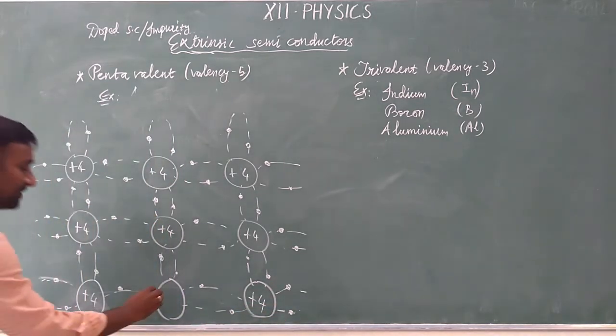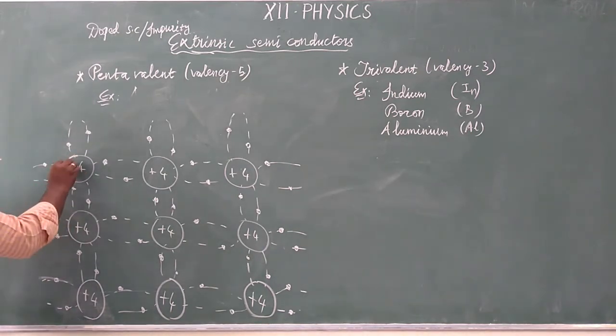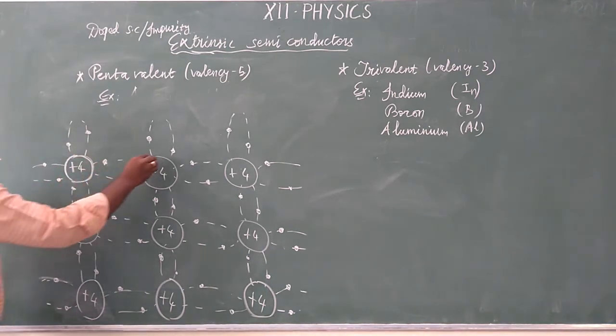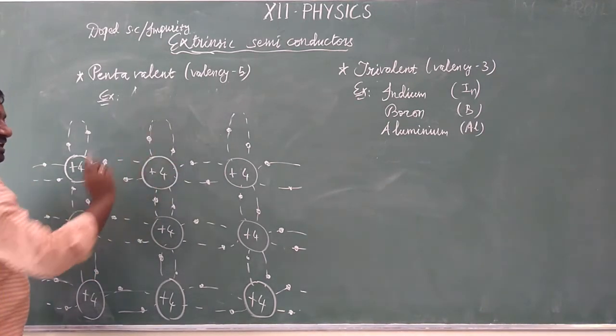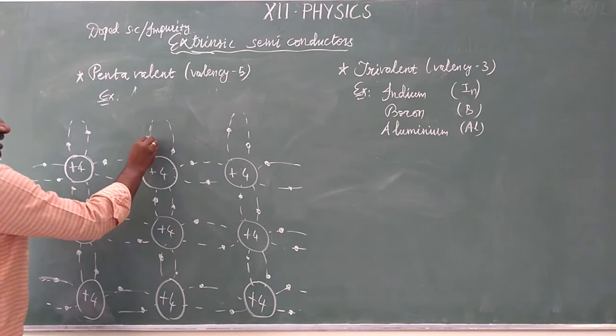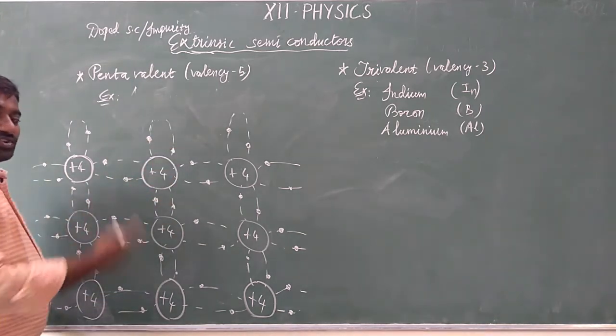Okay, listen, plus 4. So already we have seen that this is nothing but a silicon or germanium atom, and the dotted lines indicate the covalent bond, and the valence electrons are there. Okay, so it is a strong bond.